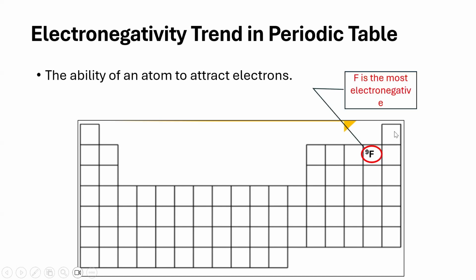Fluorine is the most electronegative atom. Why? Because if you remember, the radius decreases in that way, from left to right.